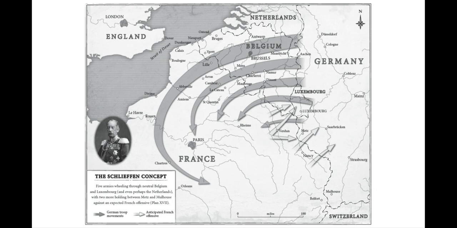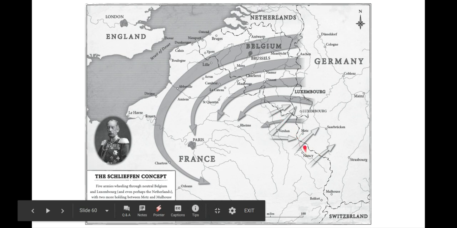Well, here's the Schlieffen concept, or the Schlieffen Plan. Here we can see what Germany's plan is: this was on the books, and as soon as a conflict breaks out, Germany will go through the neutral country of Belgium, largely because the actual Franco-German border is pretty heavily defended by France.